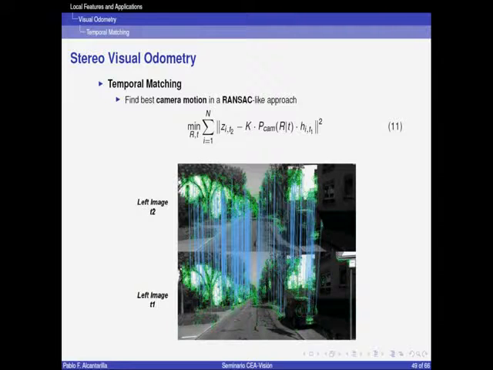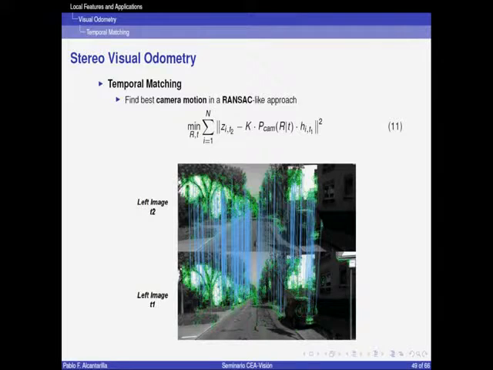So we are going to propose a set of models from a minimum set of correspondences, and then we are going to find in an iterative process the best camera model, and then we are going to refine the best camera model with the set of inliers. So at the end of this RANSAC process, we are going to have the incremental camera motion between these 2 time steps.